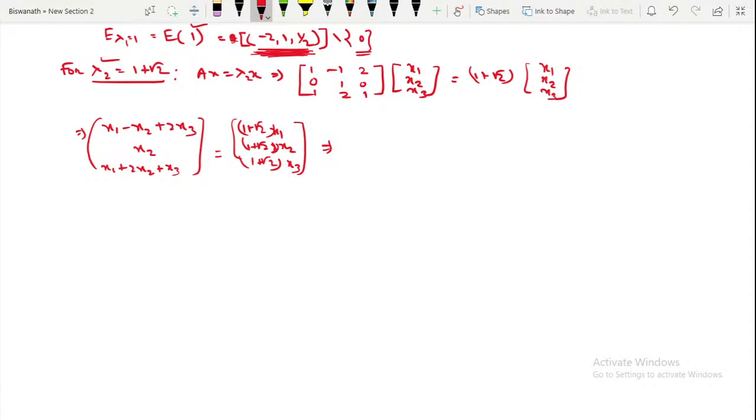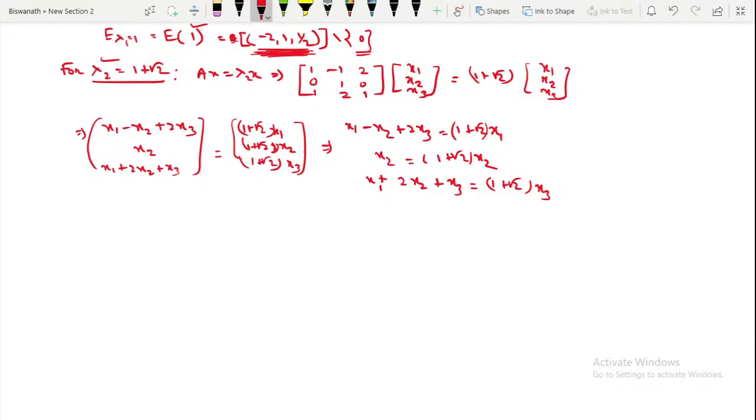If you equate this, what we will get? Your x1 minus x2 plus 2x3 equal to 1 plus root 2 times x1. Then your x2 is 1 plus root 2 times x2, and your last one, x1 plus 2x2 plus x3, is equal to 1 plus root 2 times x3.